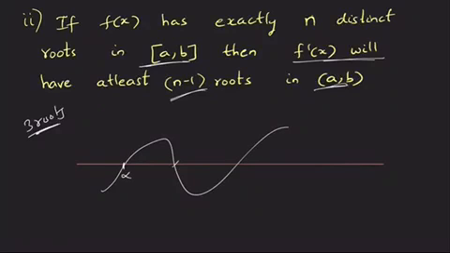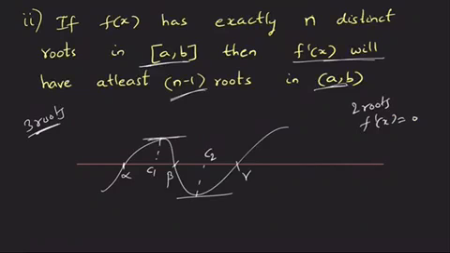Say we have 3 roots alpha, beta and gamma. By Rolle's theorem, there will definitely be a point between alpha and beta where the value of the derivative is 0, and again by Rolle's theorem there will be a point between beta and gamma such that the derivative at this point is 0. Say this point is c1, this point is c2.